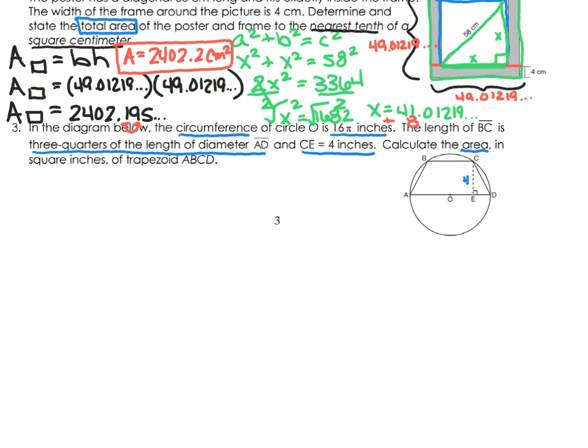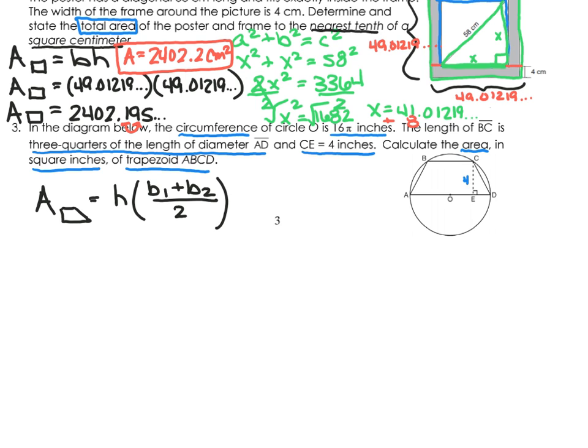Calculate the area in square inches of the trapezoid. All right, so cool thing is we have a trapezoid formula for area. So we're going to write down area of our trapezoid is equal to our height times the average of our bases. So it's kind of like base times height, like it is for a rectangle, but because the bases aren't the same length, we have to average them first to get one single base length and then times it by the height.